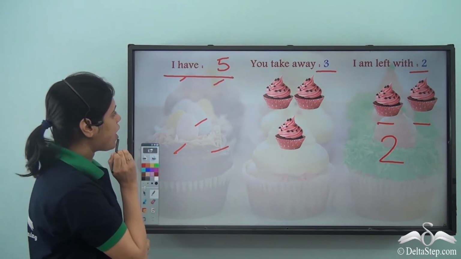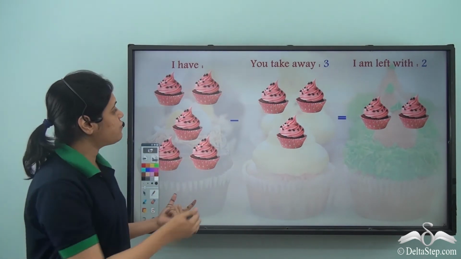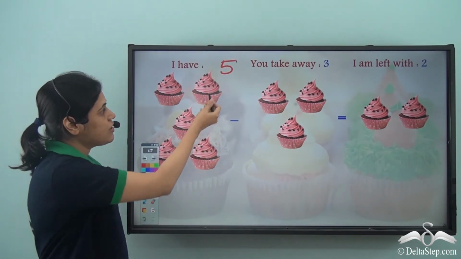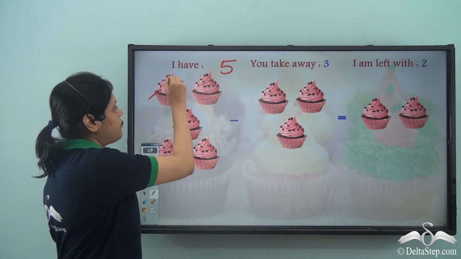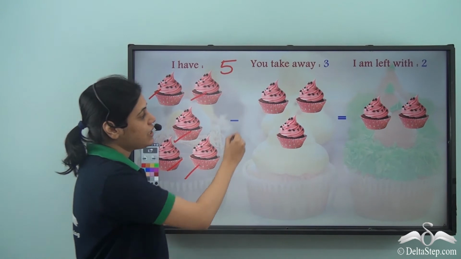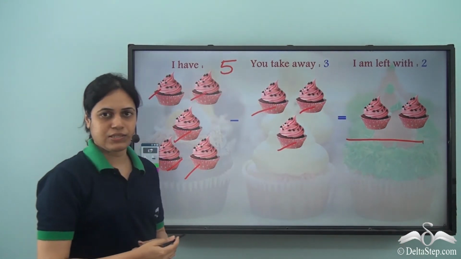So this is how we can find our hidden number. This 5 was the hidden number. This was hiding from us. And we have now found that 1, 2, 3, 4, 5 cupcakes minus 3 cupcakes give us 2 cupcakes.